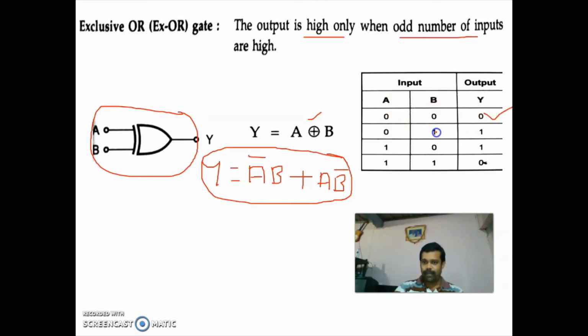Here you have only one input high, so it is an odd number, so output is high. Here also you have two inputs, but only one input is high, so it is odd, so output is high. Here both the inputs are high, so 2 is an even number, so output is low.